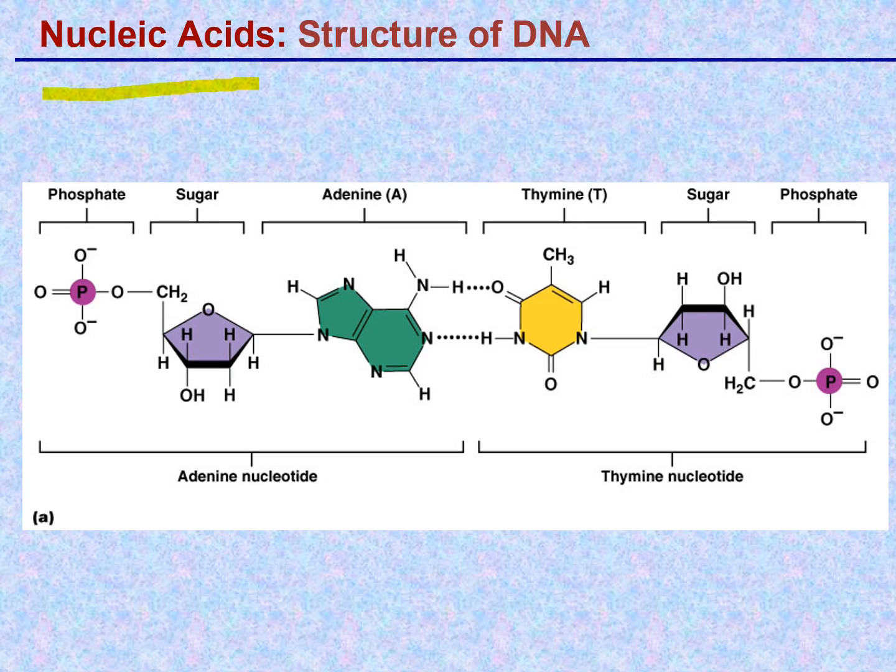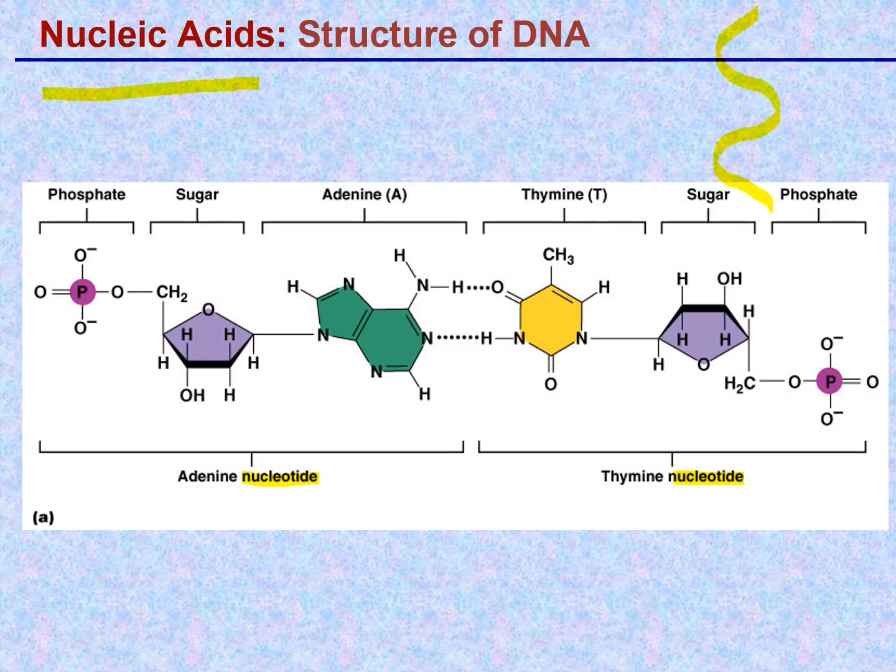DNA is a multi-strand polymer made of many building blocks. The building blocks are nucleotides. There are two strands. DNA is a double-stranded molecule. Each strand is a single polymer, and they wind around each other, sort of like this.